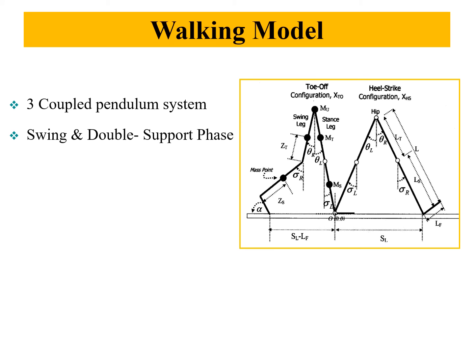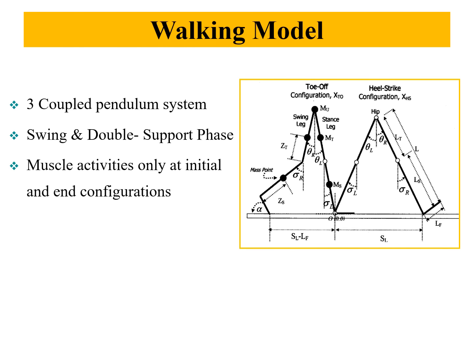Each one of us, when we walk, will select a specific step length depending on how fast you're moving, and also a specific toe-off angle. These selections are based on energy consumption. Your body is optimizing to minimize the energy consumption, and that's how it selects these two.